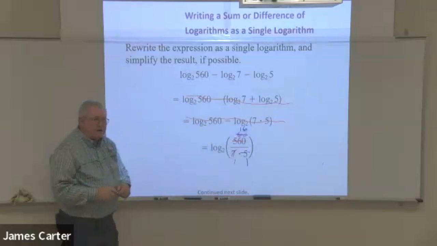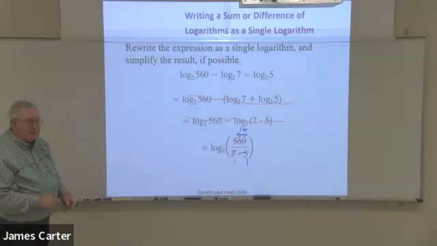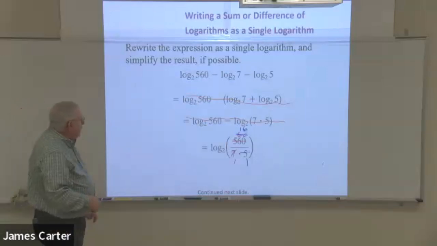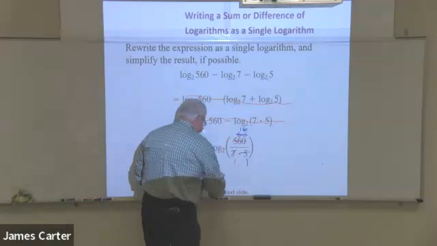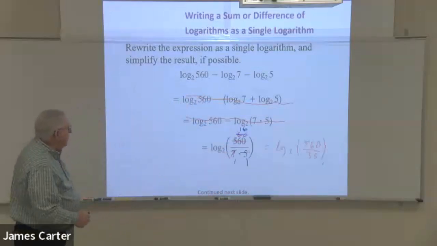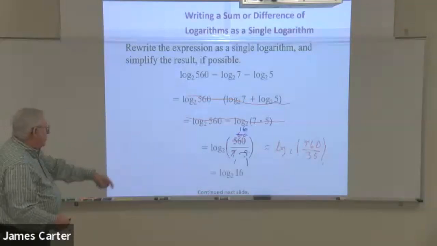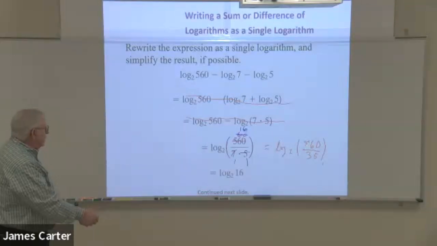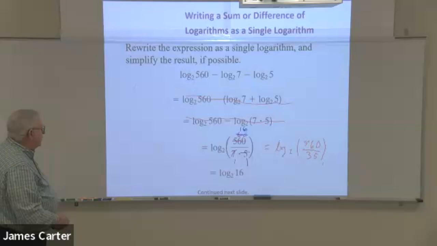Someone multiply it out to verify me. Okay, so that means this whole thing is 16. Or you could do it that way. You can divide 35 into 560 the long way. Either way, you'll get 16.